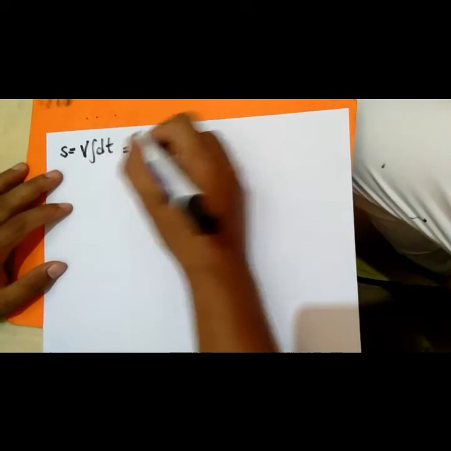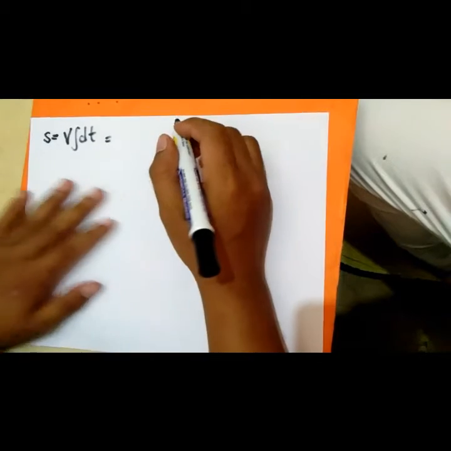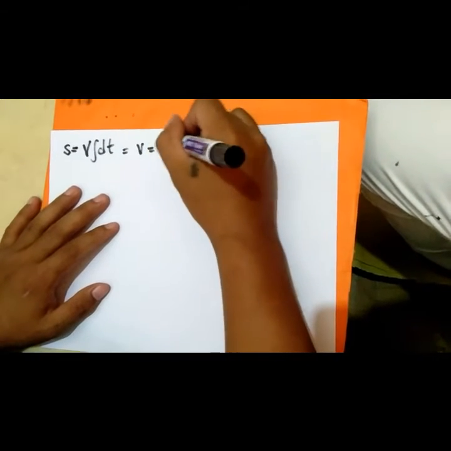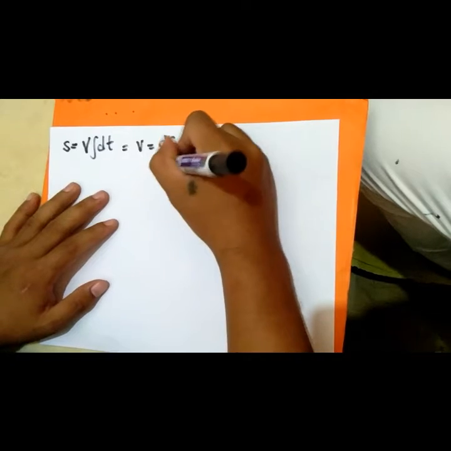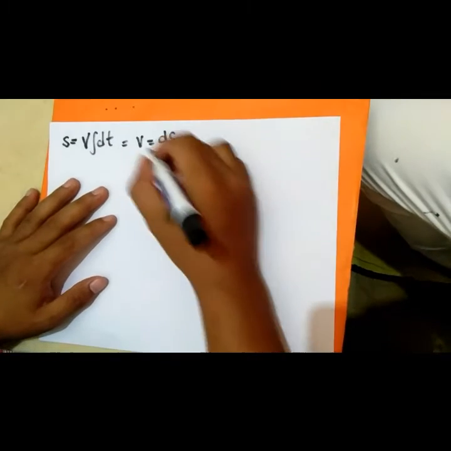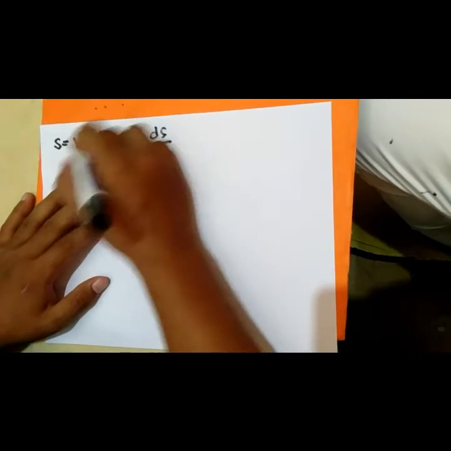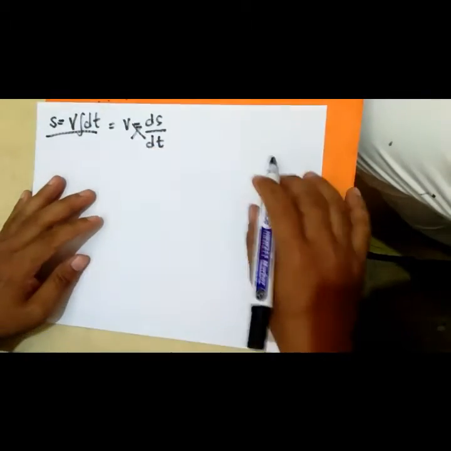This comes from velocity equals ds over the derivative of time. We just cross multiply this to get this equation.